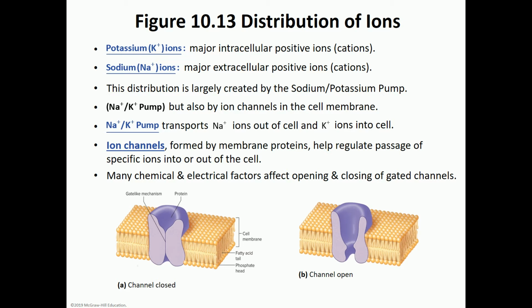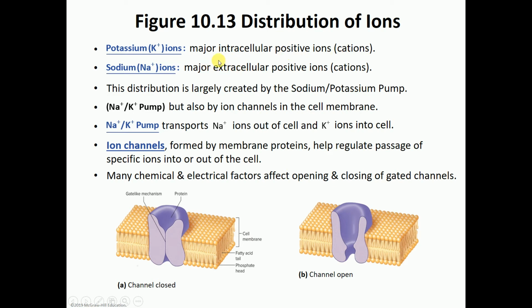So what helps in the distribution of ions? We're going to be talking specifically about sodium and potassium. So remember we said that the ions are not equally distributed. The major cation found inside of the cell are potassium ions. Those again are your major intracellular positive ions.